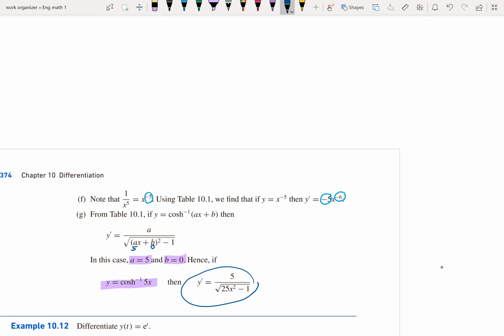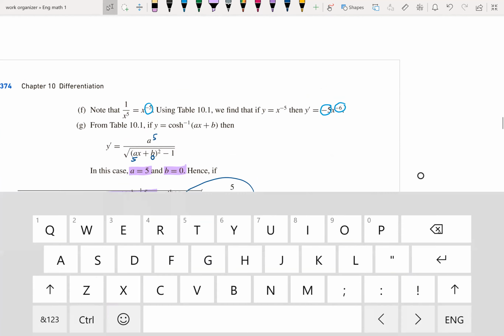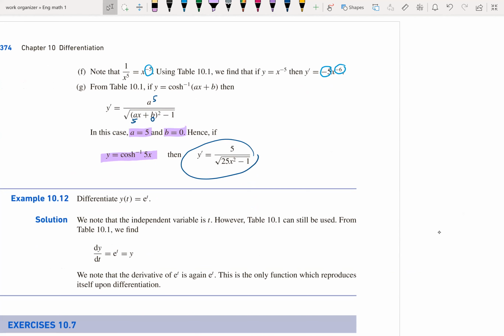And here also the A is 5. The table is not only for independent variable x.